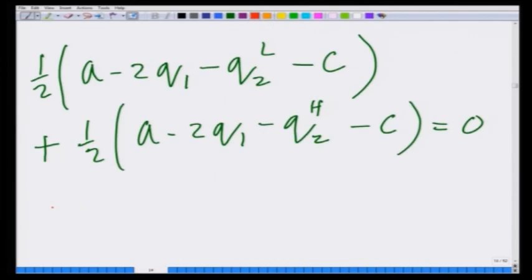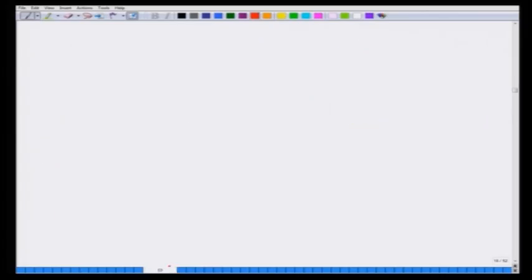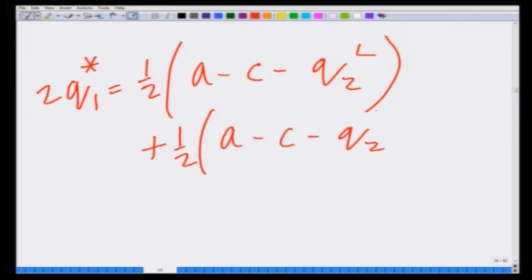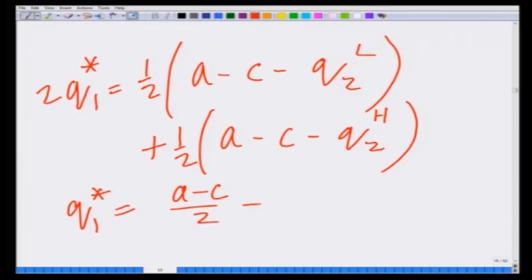Solving this, I will have 2 Q1 star equals half times (A minus C minus Q2L) plus half times (A minus C minus Q2H). Therefore, I can write Q1 star equals (A minus C) by 2 minus 1 by 4 times (Q2L plus Q2H).